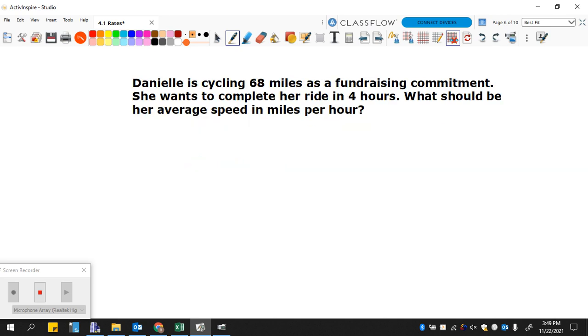Danielle is cycling 68 miles as a fundraising commitment. She wants to complete her ride in 4 hours. What should her average rate of speed be in miles per hour? Miles per 1 hour.